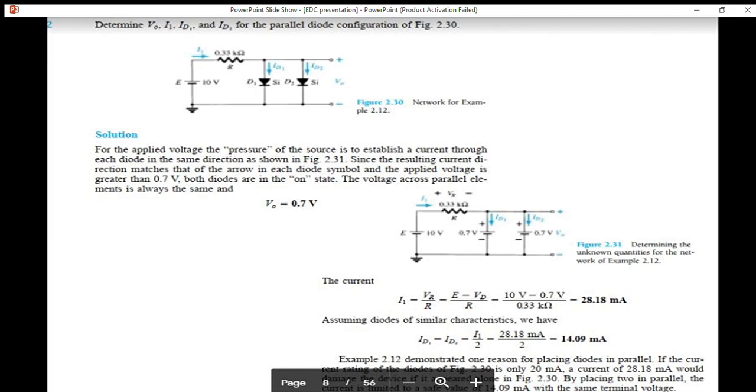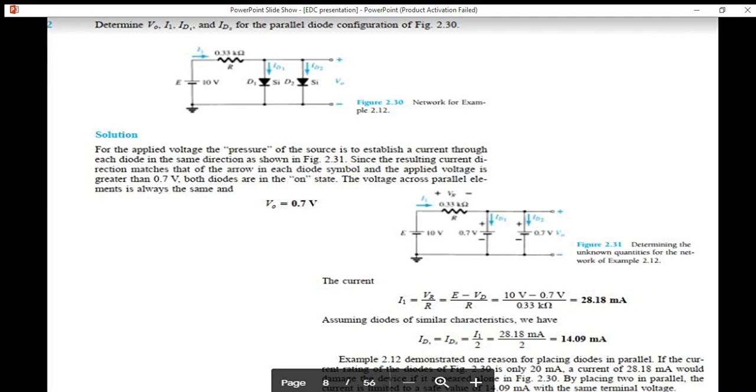Now we are going to find the current, which is I is equal to V over R. Here we find V: E minus VD. The value of E is 10 volt and E is the main supply we are giving. So E minus VD, the voltage across the diode.